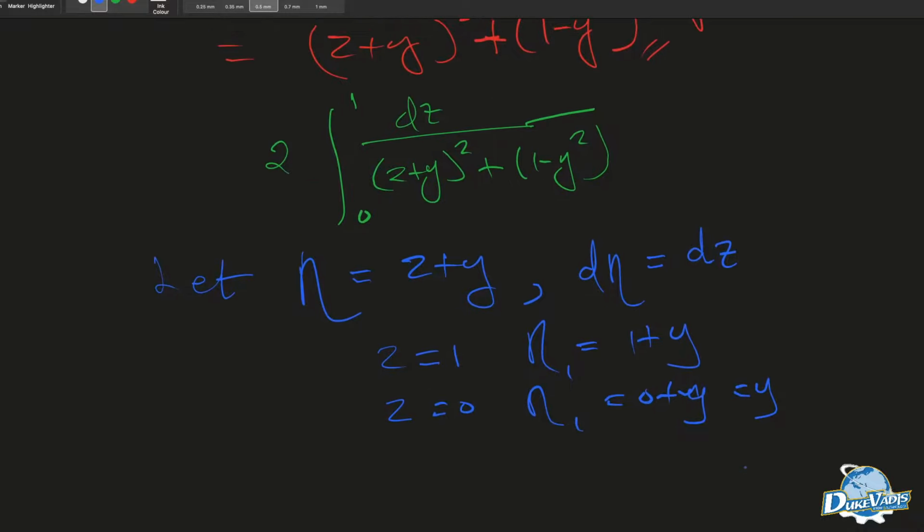So now let's substitute this small introduction into our integration. So we're going to substitute that back into the integration here.